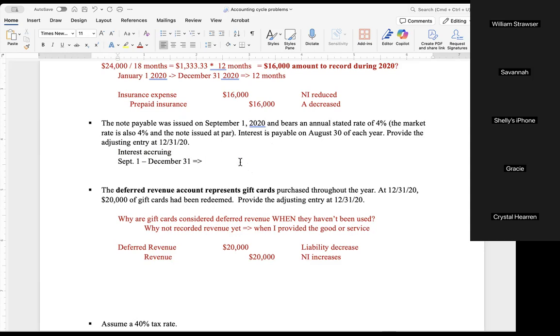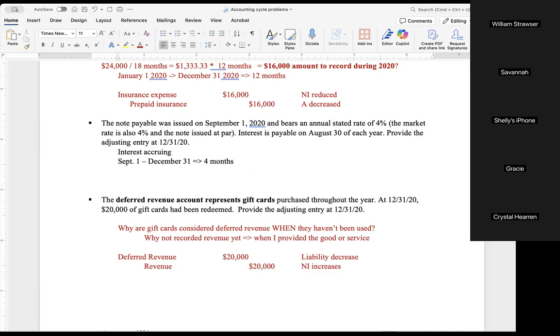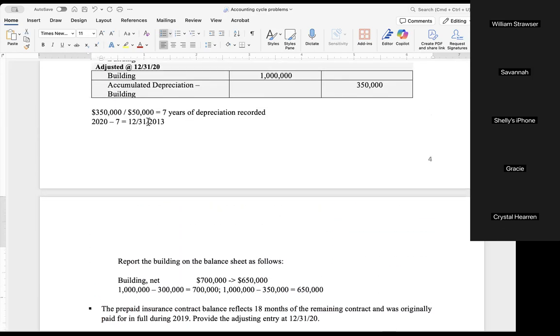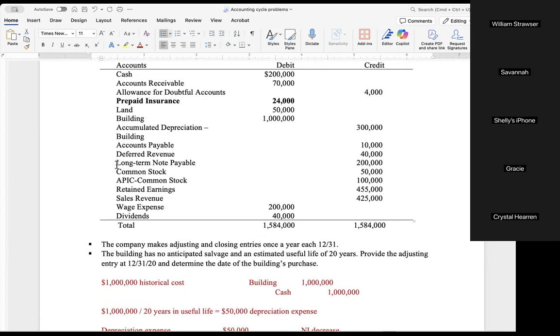How many months is that? 4. Good. If we're looking for 4 months, we know this is based on the note payable. So I go up here and grab my note payable amount. Okay, 200,000.